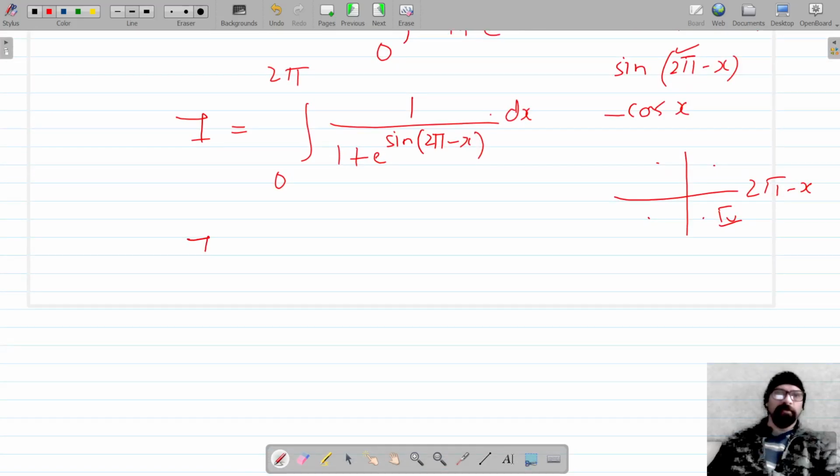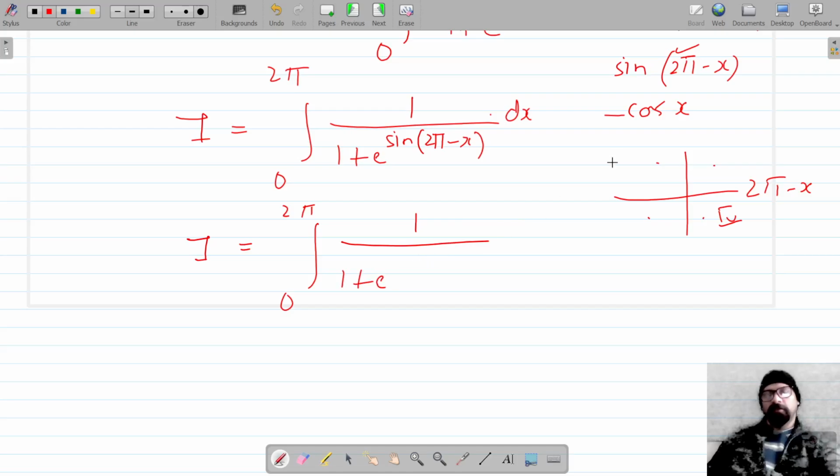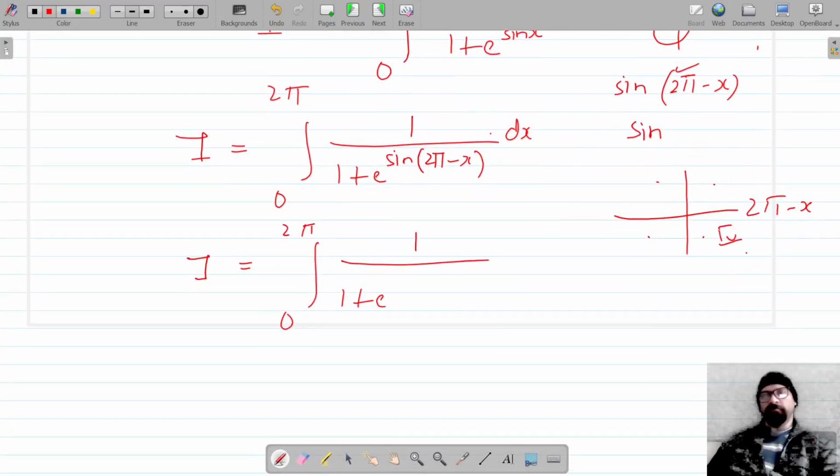So this becomes I is equal to 0 to 2 pi, 1 upon 1 plus e raised power. This becomes, okay, 2 pi, sorry. So 2 pi means sine remains sine, and because we are in the fourth quadrant, it's a negative sine x.